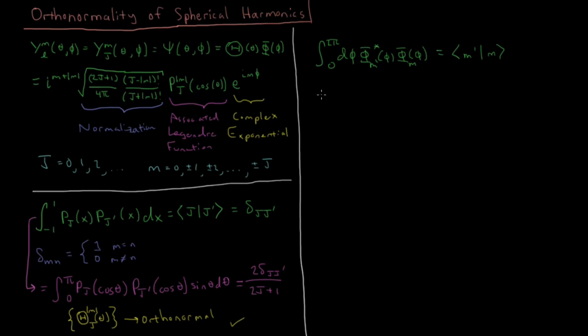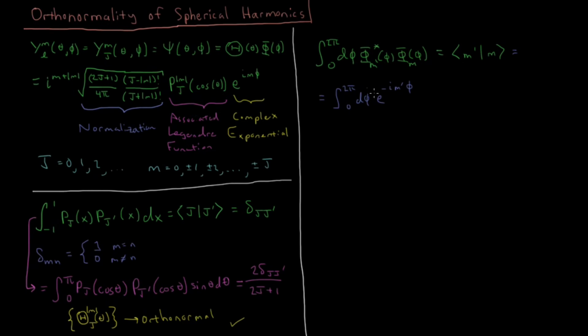Then continuing this integral on to the next line, we're going to have the integral from 0 to 2 pi d phi. Phi of phi is going to be e to the minus i m prime phi. Taking the complex conjugate moves us from positive i to minus i, because that's what complex conjugate means.